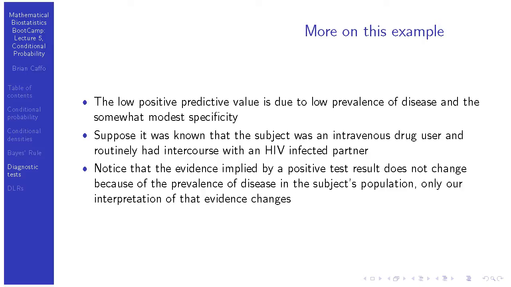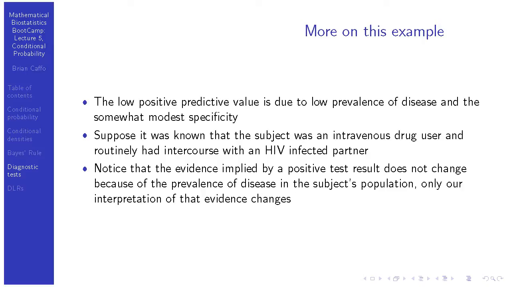Then you update it with the information of the positive test result, and that gets codified by updating it with the sensitivity and the specificity associated with the test, and that informs the positive predictive value, and you get something that's much higher than the prior probability of disease, the prevalence, but still isn't terribly high because you started with such a low prior. And that's how Bayes' rule works.